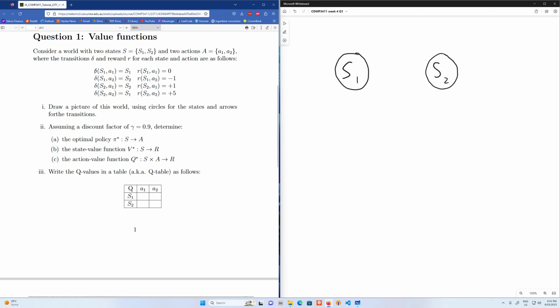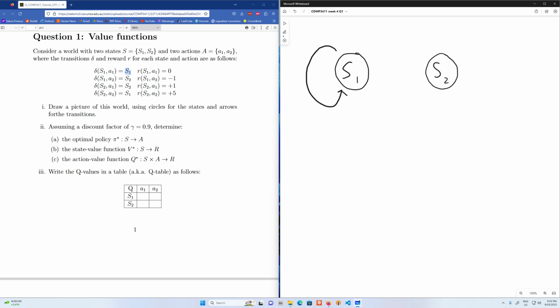So what this is saying is that if the agent is in state 1 and he takes action 1, he's going to transition and finish up in state 1. So what that means in terms of our picture over here is that it's a self loop.